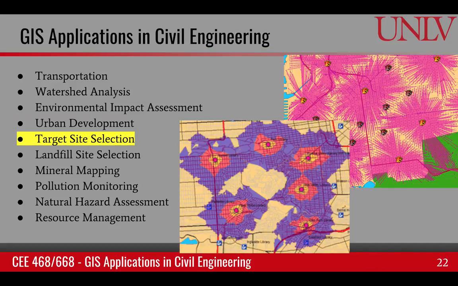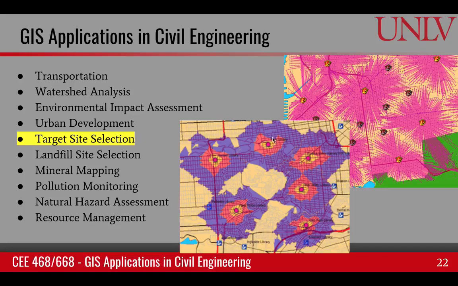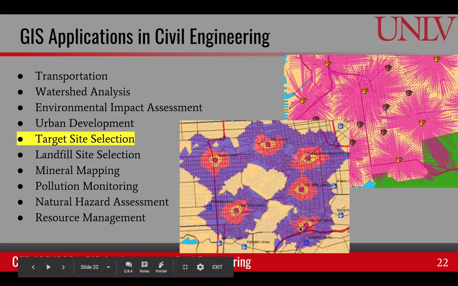Target site selection that we earlier talked about, for example, a site selection for a fire station. So consider these 6 spots for different fire stations, and these regions around them tell us how far that fire station is from a certain location. So yellow is the closest, then the red and the purple. And yellow is an area which is far away from all of these fire stations.